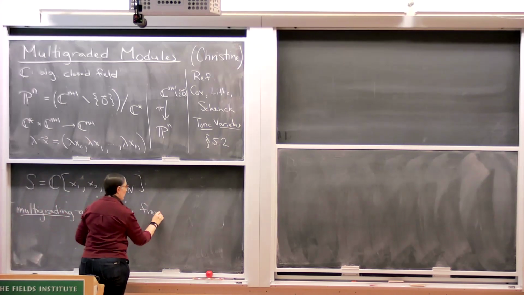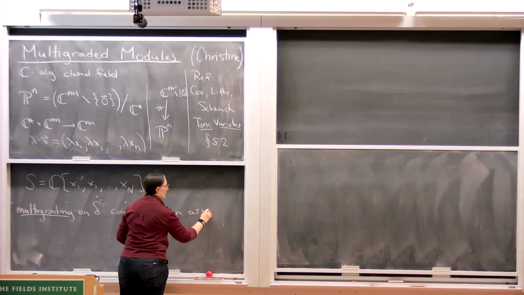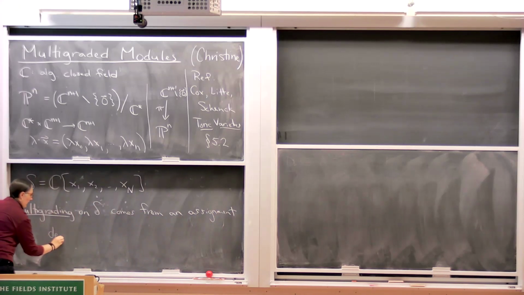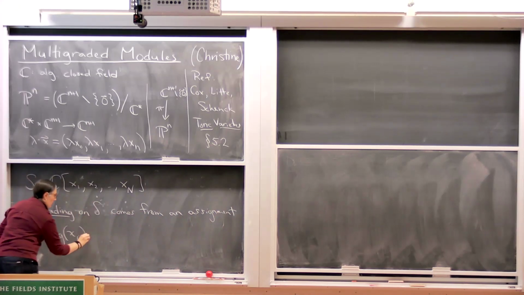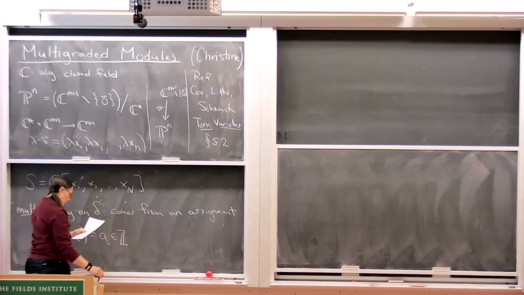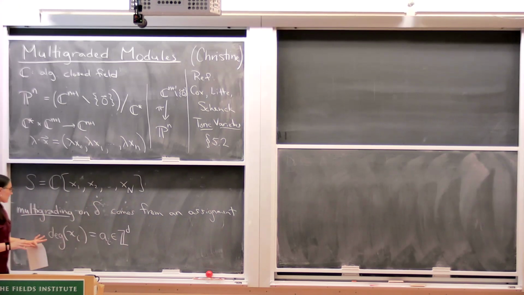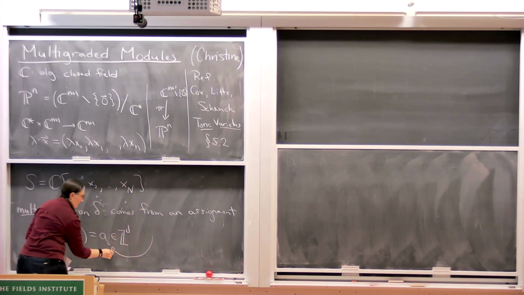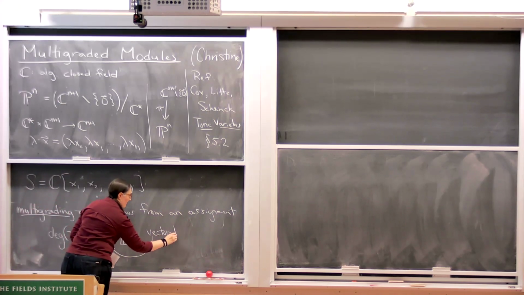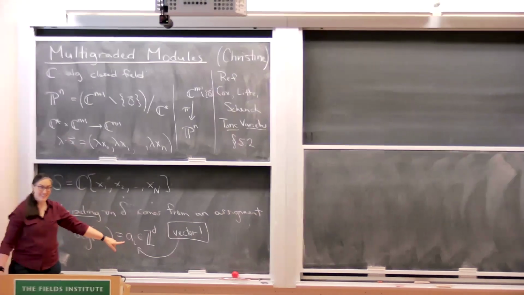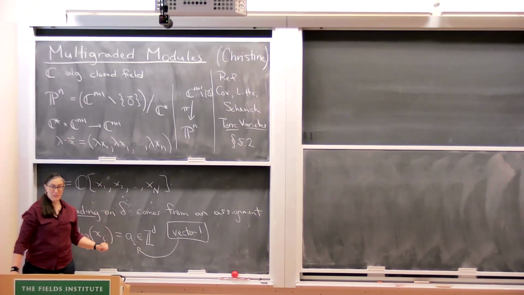So a multigrading on S comes from an assignment where we define the degree of each variable to be some vector in Z^d. I'm not going to write vector symbols on everything or I'll be here all day. So this is now a vector, and this is the key. For projective space, these were ones in Z, and now they're going to be something else.